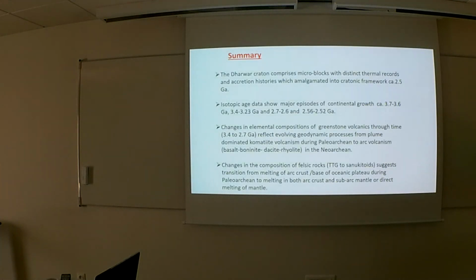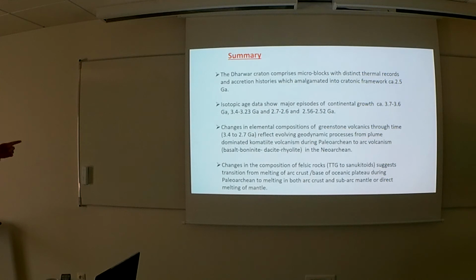To summarize, the craton has three microblocks with distinct thermal records and accretion histories, which amalgamated into a cratonic framework. One important aspect, which I already mentioned, is episodic crustal growth.